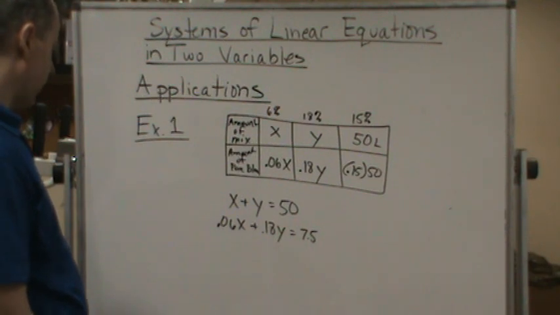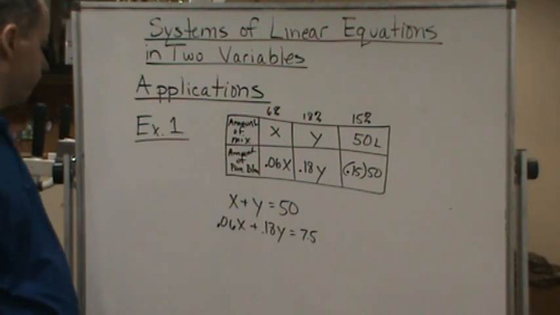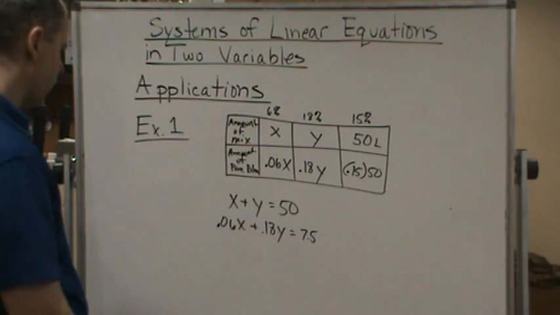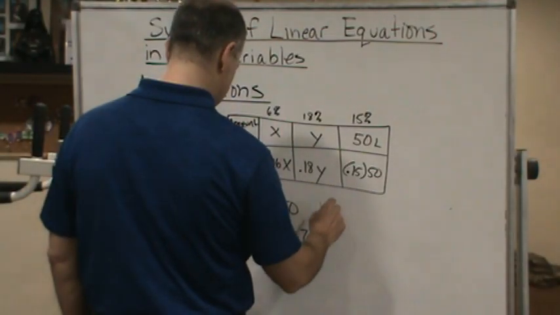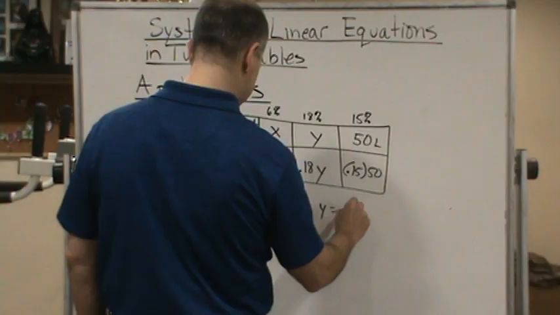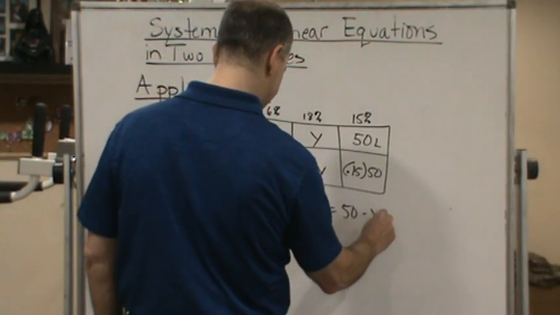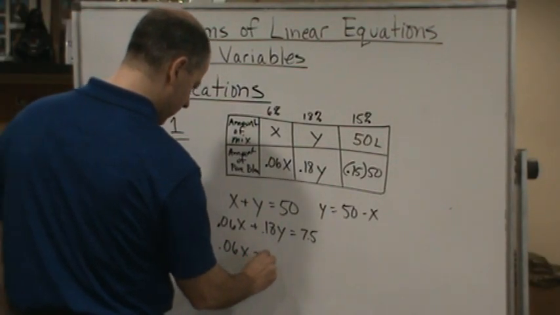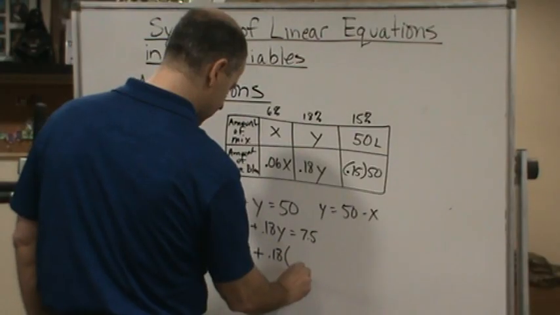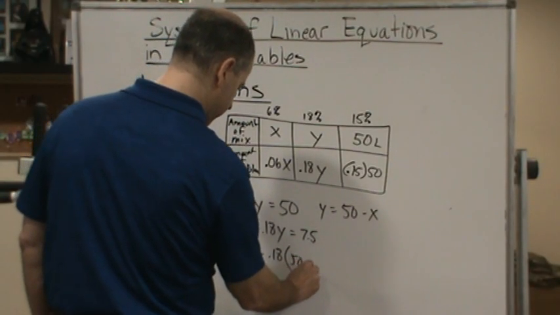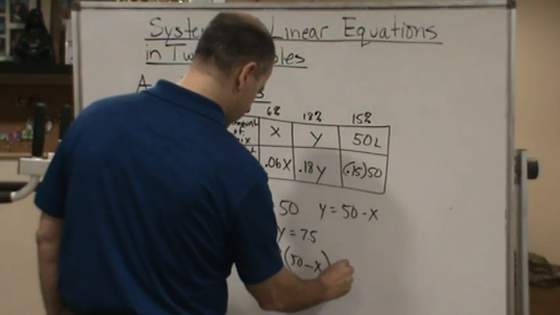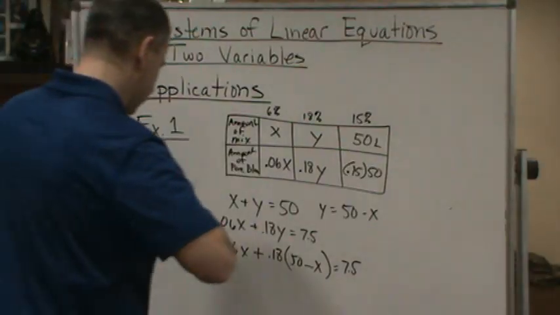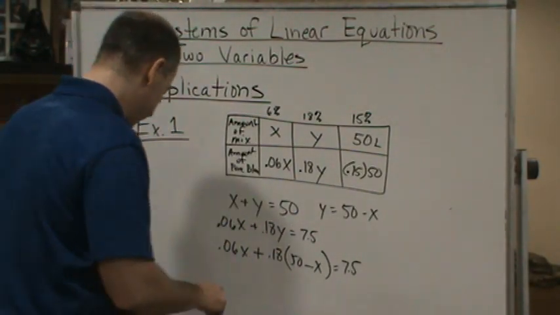Okay, so let's do substitution. So let's do y equals 50 minus x. And so this will be 0.06x plus 0.18 times the quantity, 50 minus x, equals 7.5. So now let's solve this, and now we'll get the calculator.